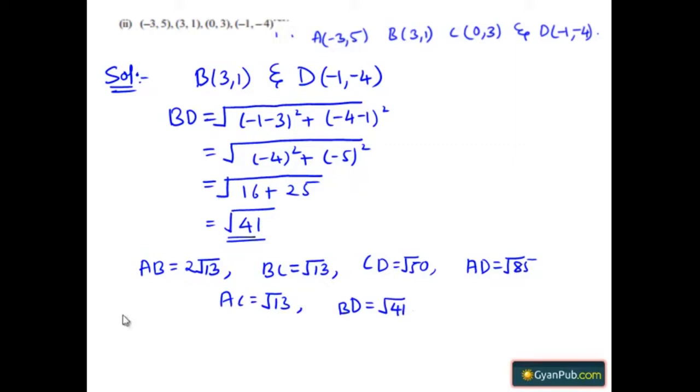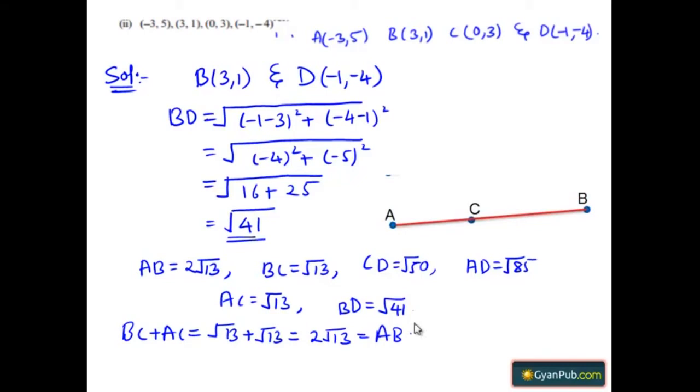We see that BC plus AC equals root 13 plus root 13, that equals 2 root 13, which is nothing but AB. Hence, from this we can say that the points A, B and C are collinear. In the given 4 points, if 3 points are collinear, they cannot form a quadrilateral. So, ABCD is not a quadrilateral.